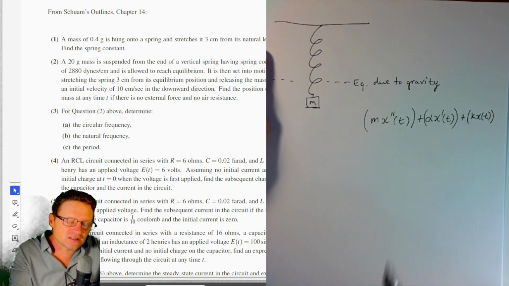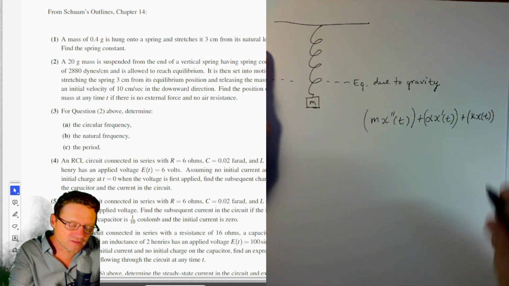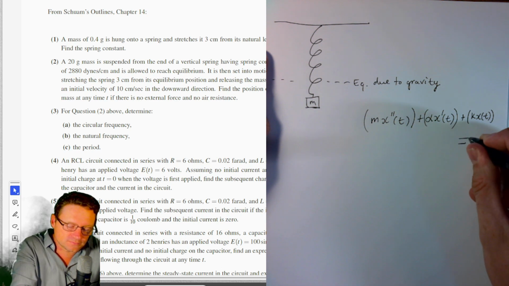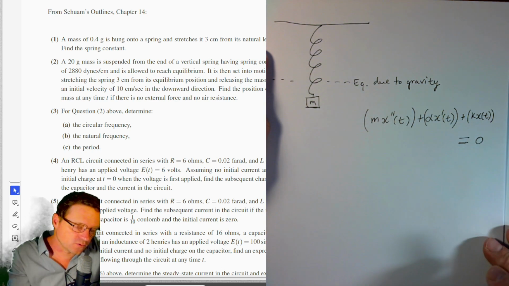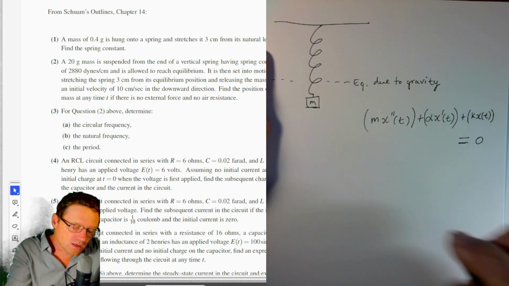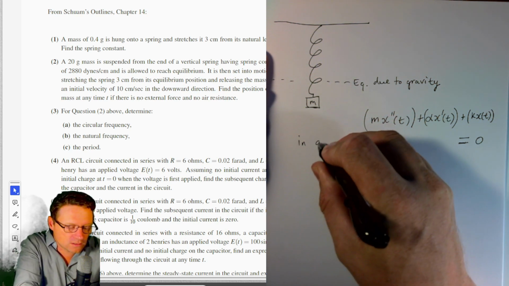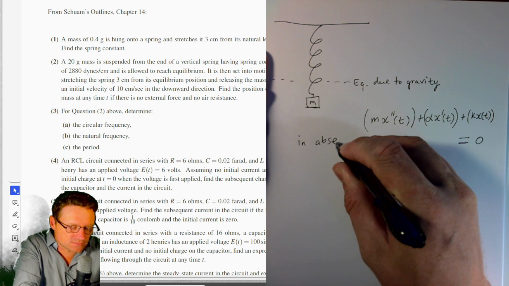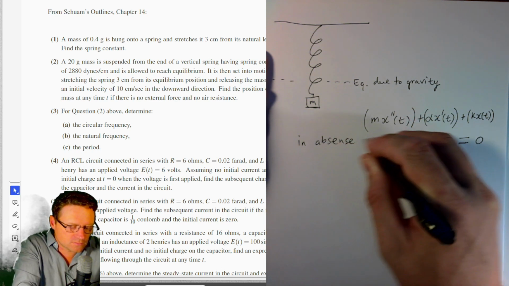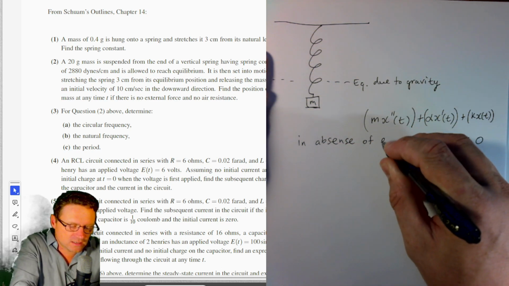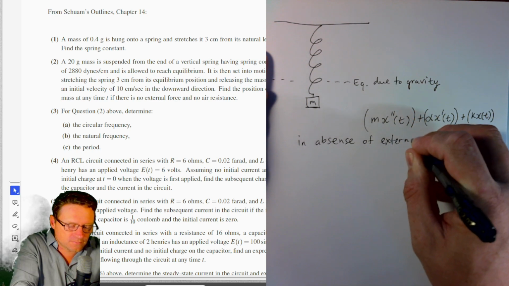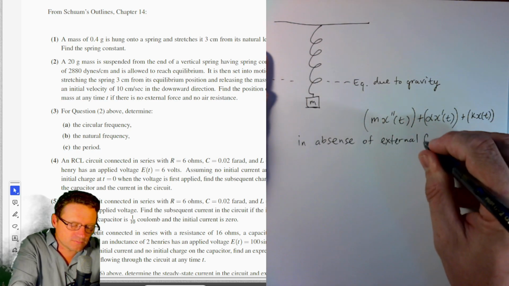Now, in the absence of an external force, the sum of these would add up to 0, because the three forces should be in equilibrium. And so let's write this in the absence of external force.